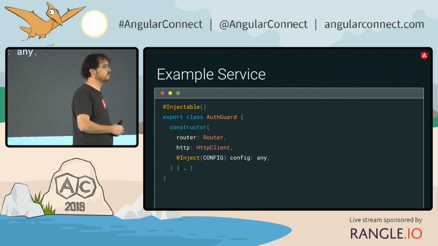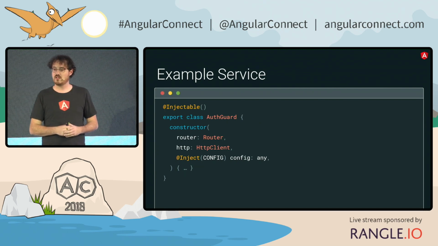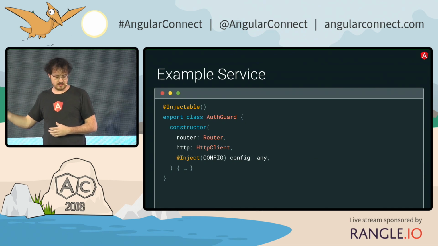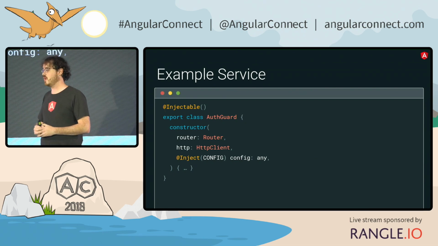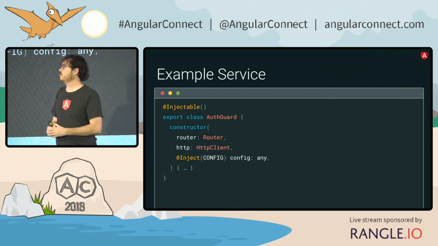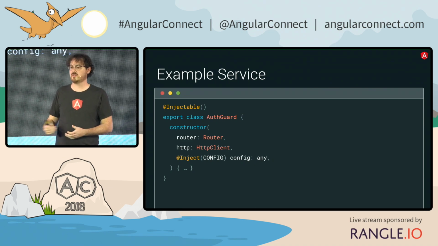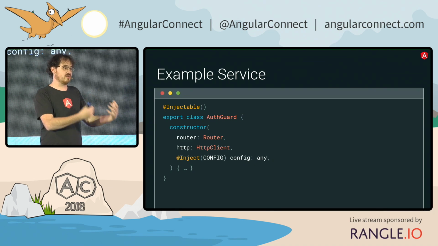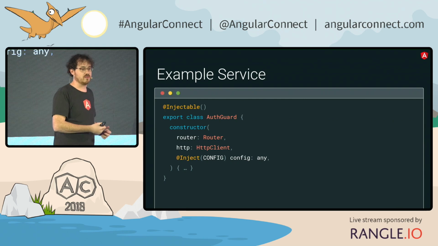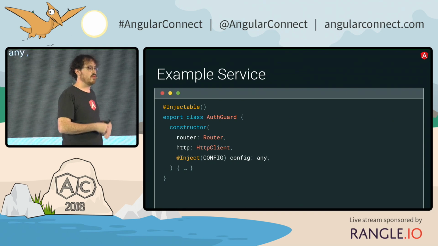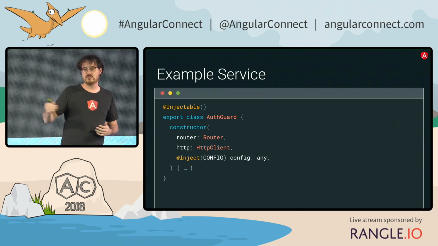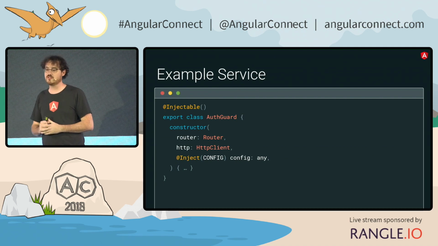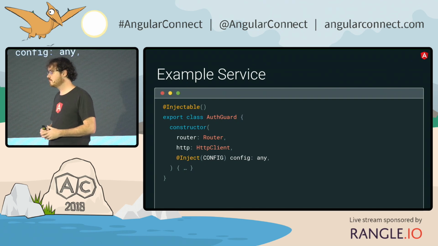We're injecting the router, we're injecting the HTTP client, and we're also injecting some config object using @inject. And you can imagine our implementation of this guard might have logic like this. First, we check the config to see what permissions are required for the current URL. Then we use HTTP client to make a call to see if the user actually has those permissions. And finally, if they don't, we use the router to navigate them away.